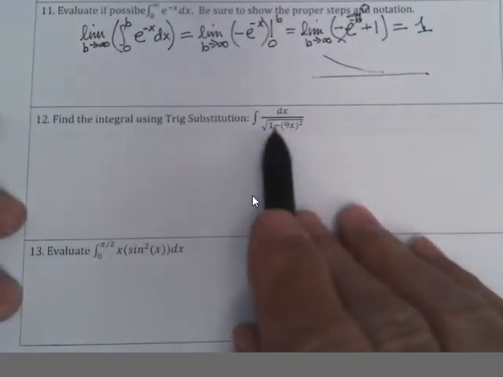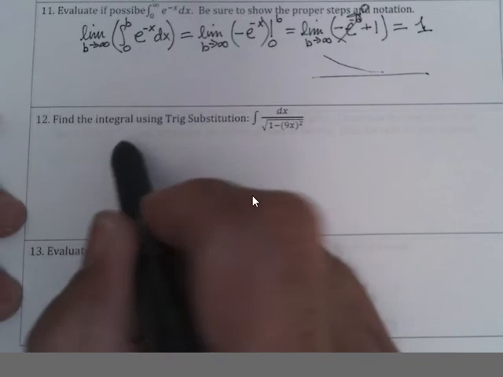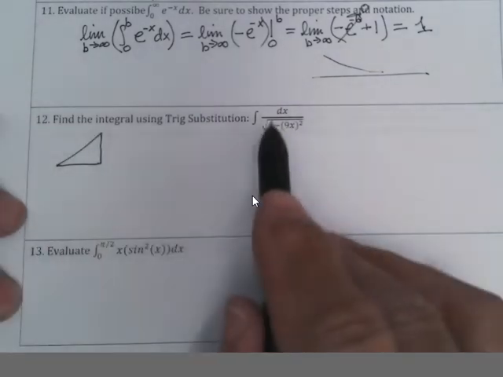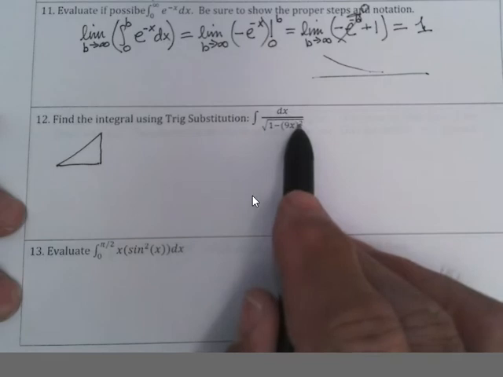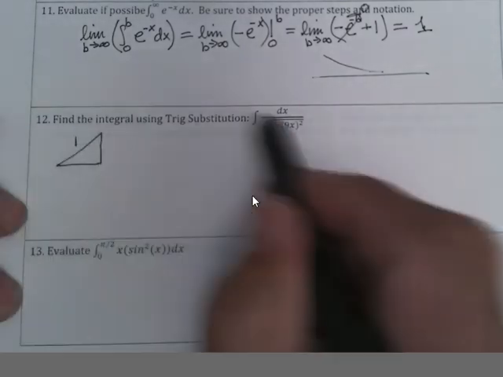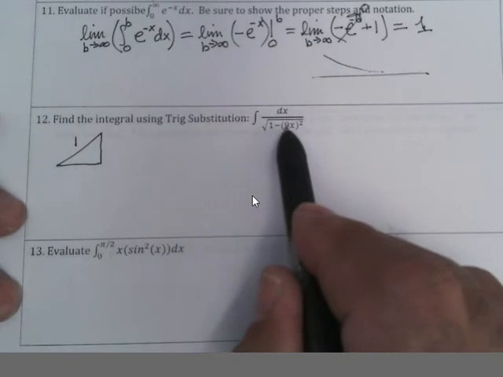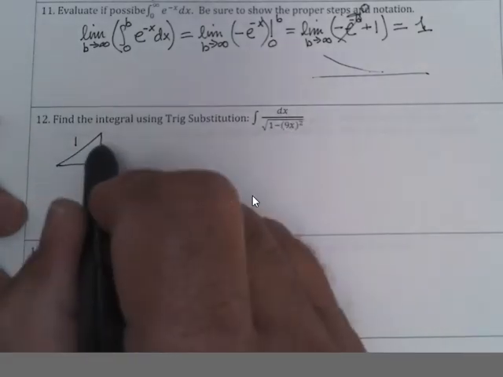Trig sub, we've got a subtraction. So the triangle has to have the positive part of this on the hypotenuse. So that would be 1. The square root of 1 is 1. And on one of the legs, I have to put in the 9x. You notice the 9 is squared in this, so I'm going to do a 9x.